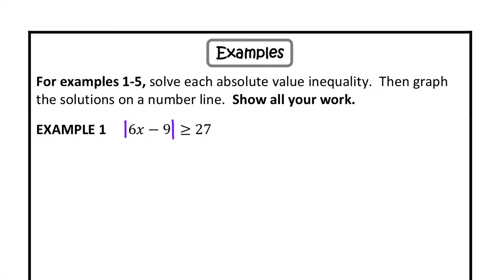So if we break it down, we have greater than a positive number.